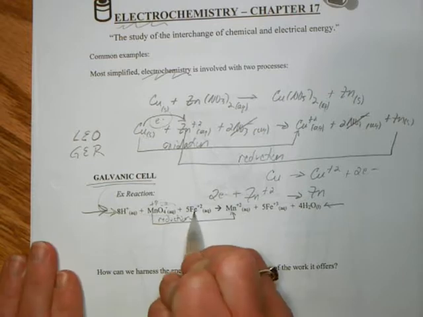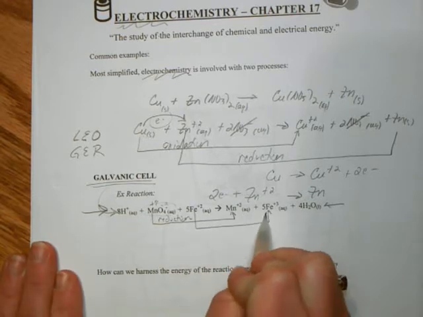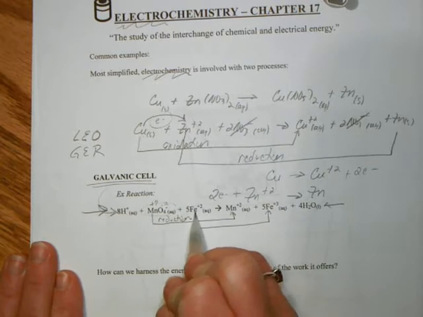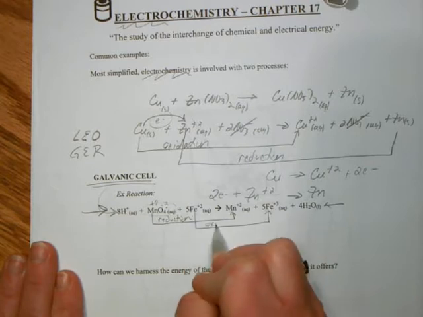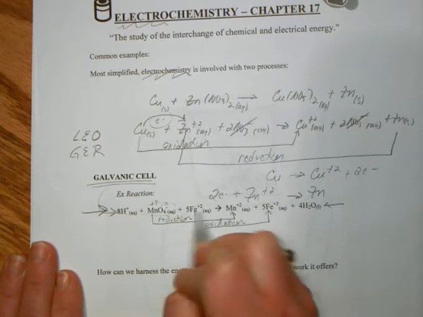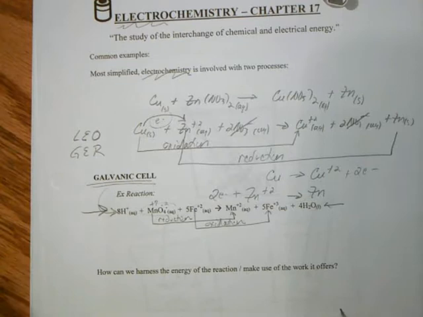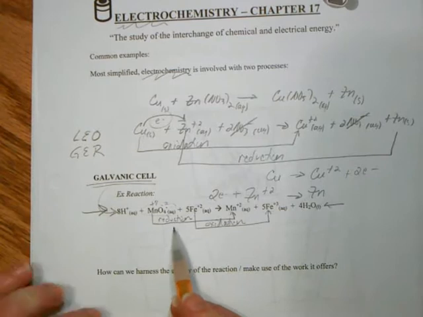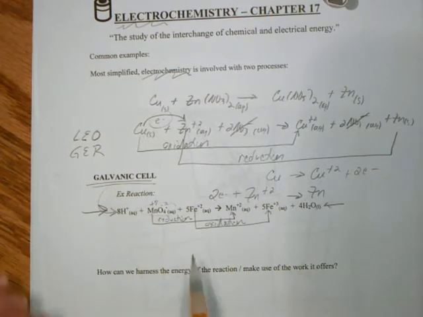Where if we look at the iron, it is going from +2 to +3. It is losing electrons, so it's going through the oxidation, and the iron +2 ion is the reducing agent. So if we want to examine this further, how can we exactly tap into the transfer of electrons from the iron to the permanganate?